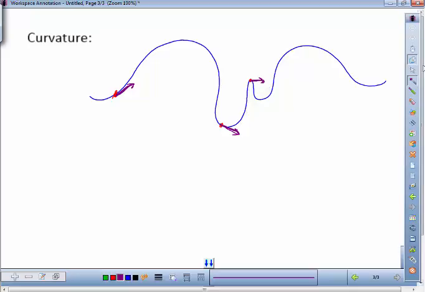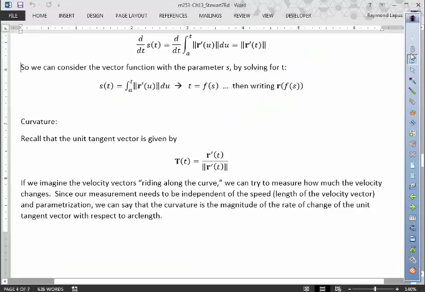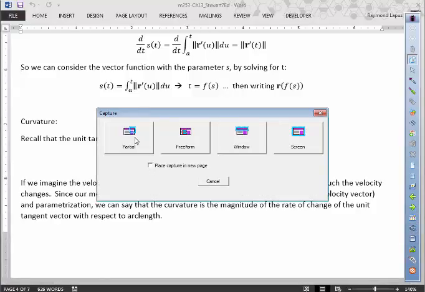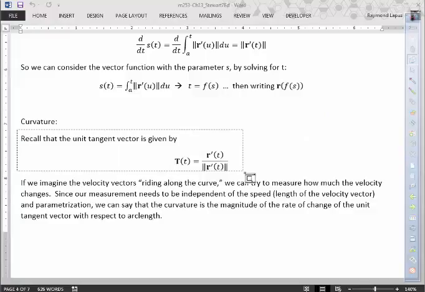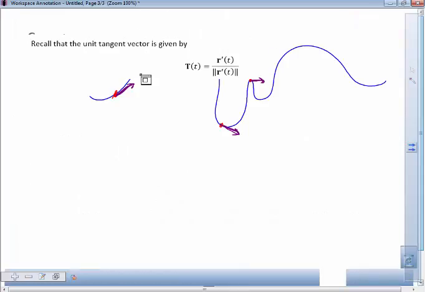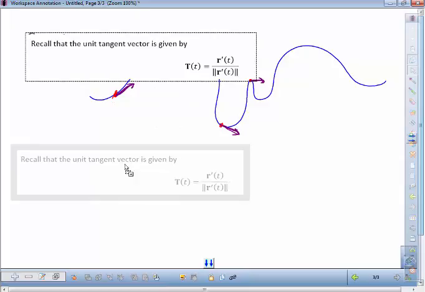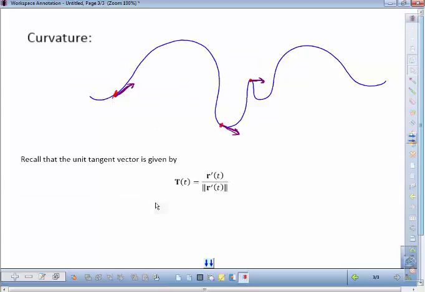The unit tangent vector is basically the velocity vector divided by its magnitude, just to make it a unit length.